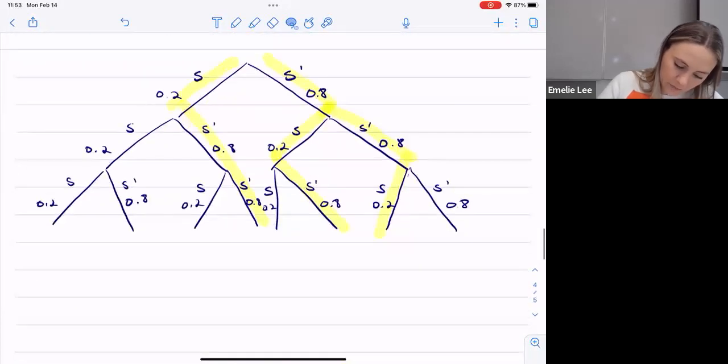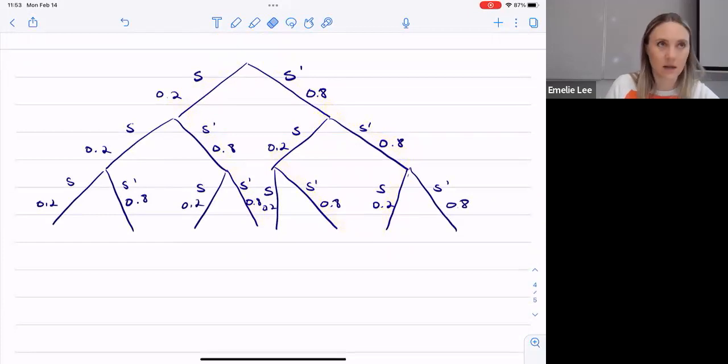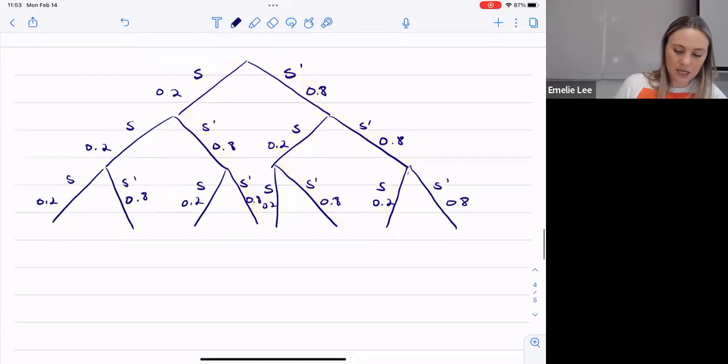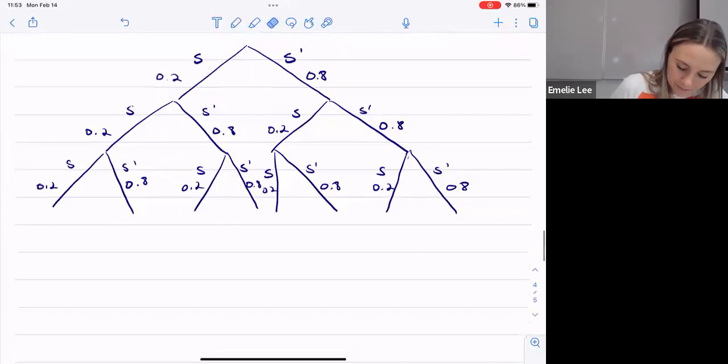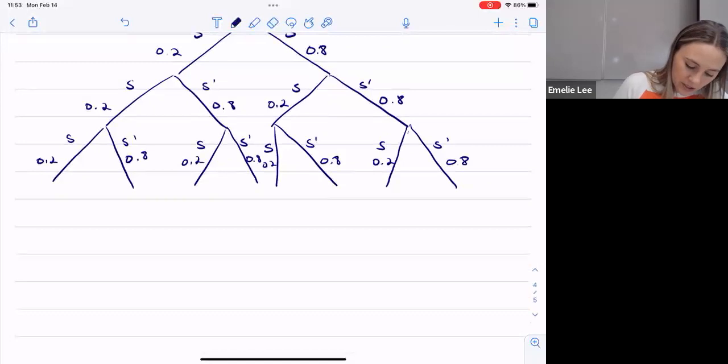So when we write 3 chooses 3, let's use this tree to find 3 choose 0.